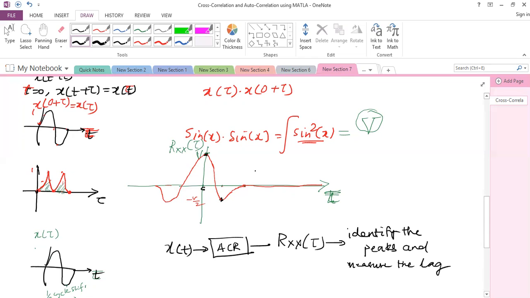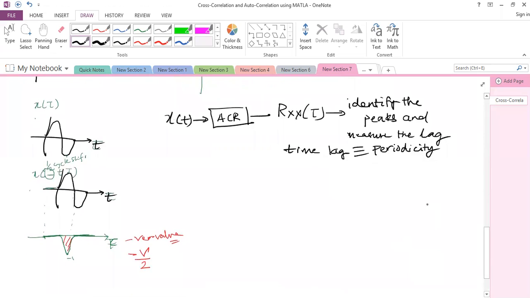From here to here is a time lag. So the time lag corresponds to the periodicity in the signal. Okay.